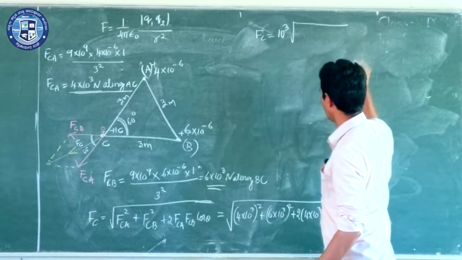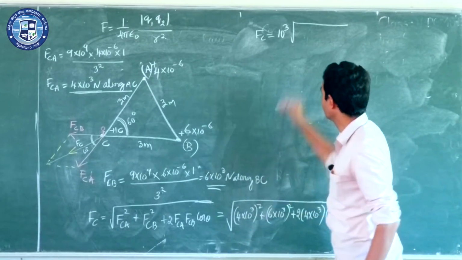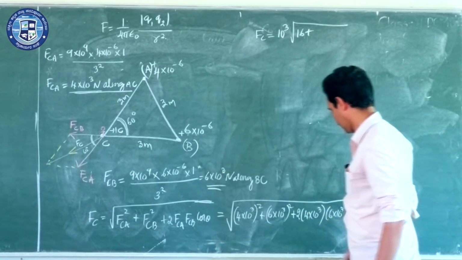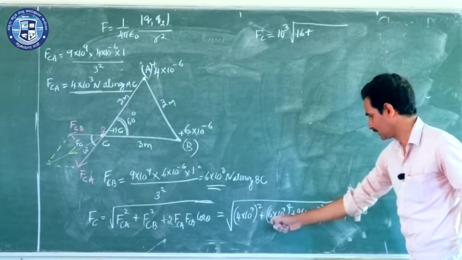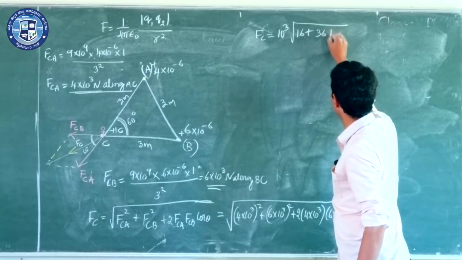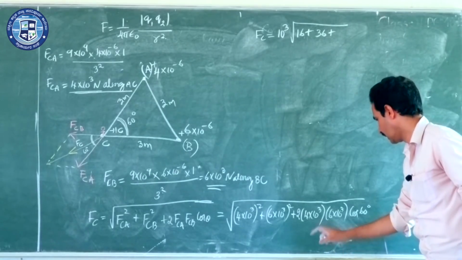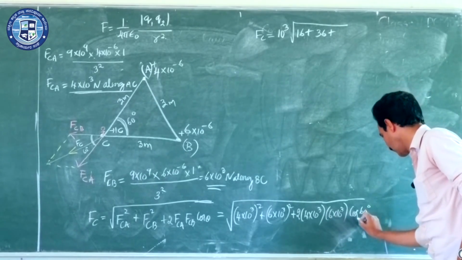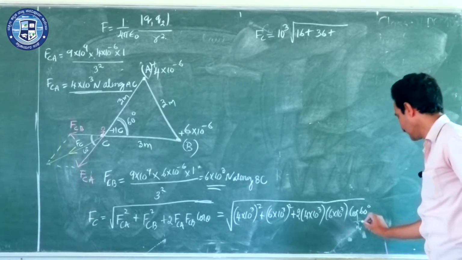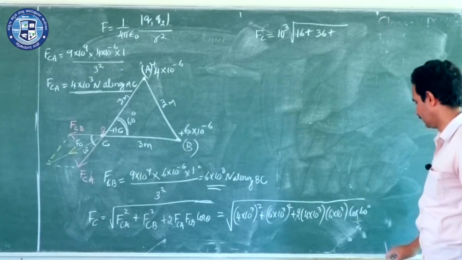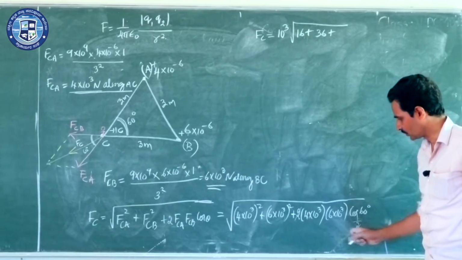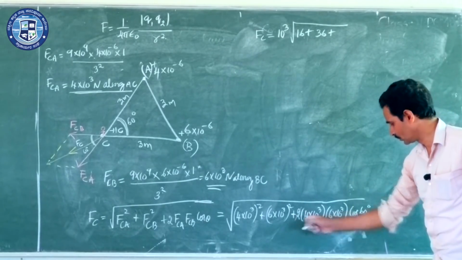Then inside the square root, what do you have? Only 4 square, 16, plus 6 square, 36, plus here cos 60 is half, so I will write half here, and this 2 and this 2 of 2AB get cancelled.